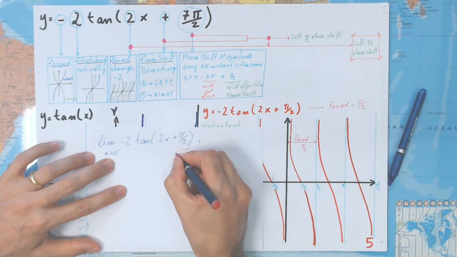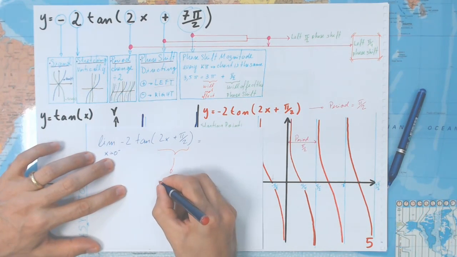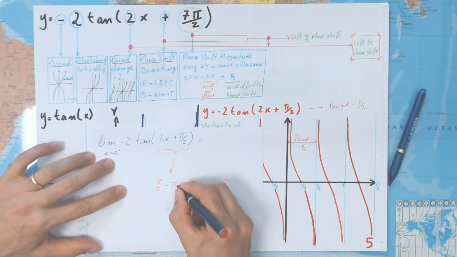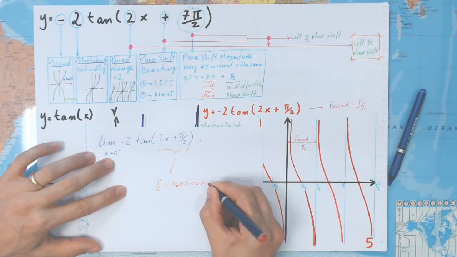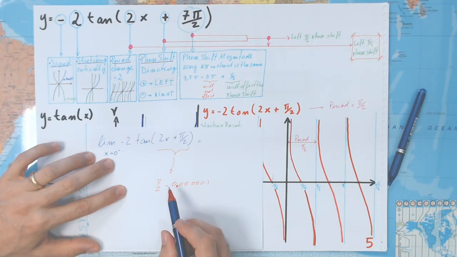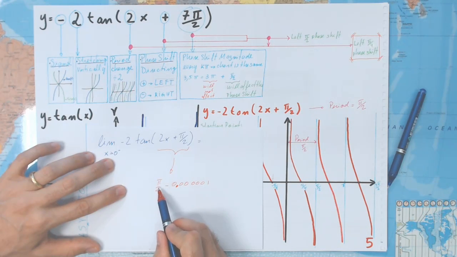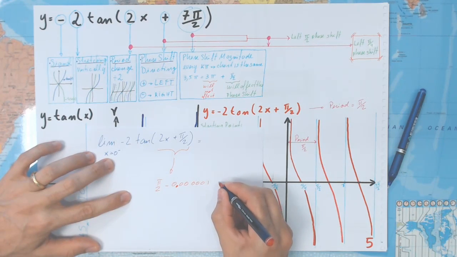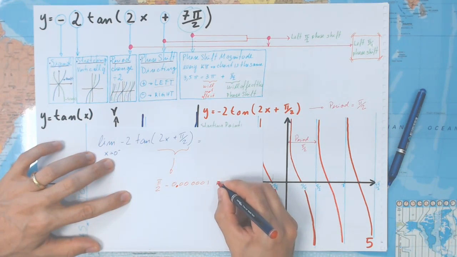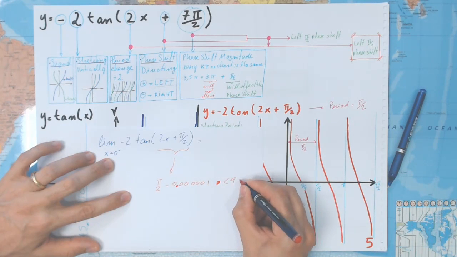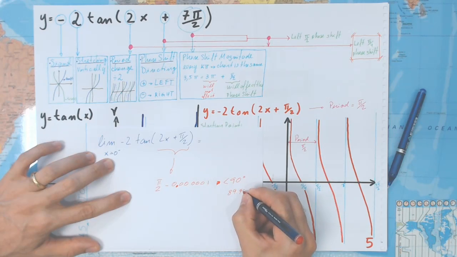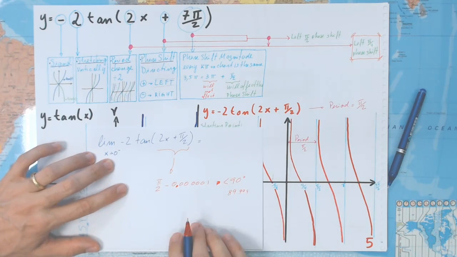Let's study what's happening here. It's going to be pi over 2 minus something very tiny. But now we are not going to have bigger than 90 degrees. This is going to be smaller than 90 degrees, like 89.9999, but still smaller than 90 degrees.